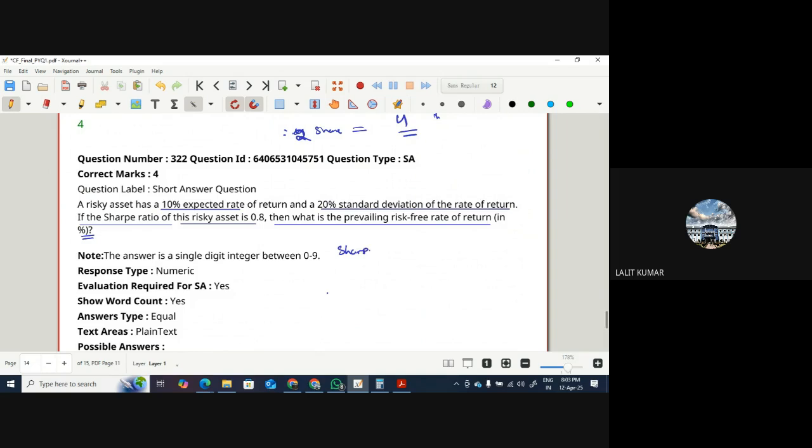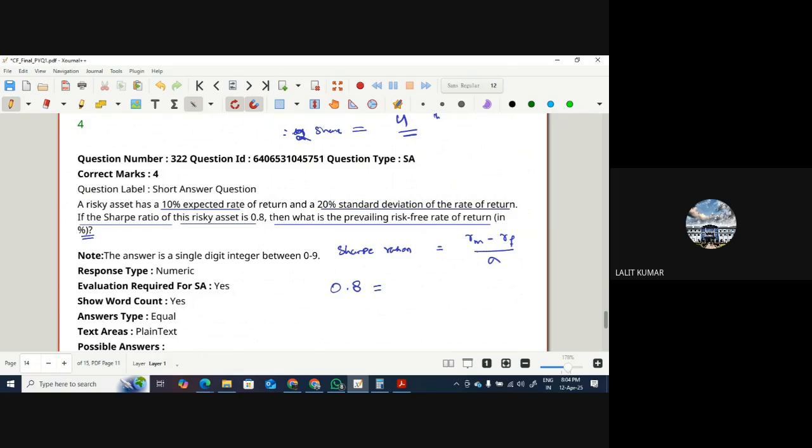Sharpe ratio was RM minus RF, the slope of the line, divided by sigma, the standard deviation. They have given 0.8, and we need the prevailing risk-free rate of return.